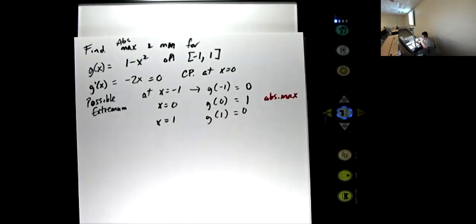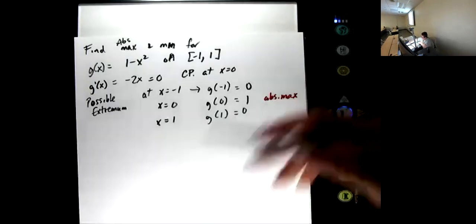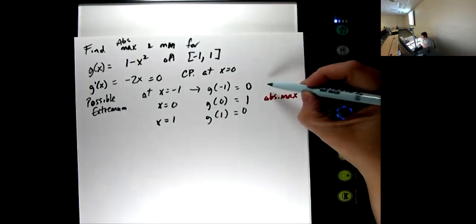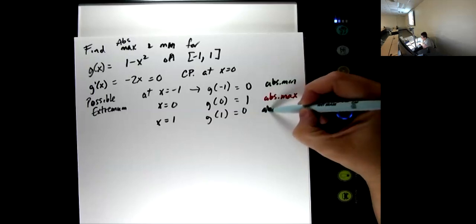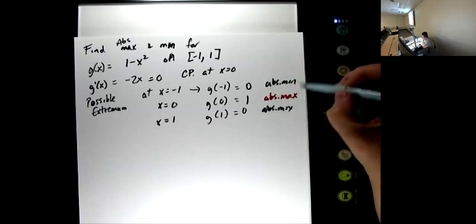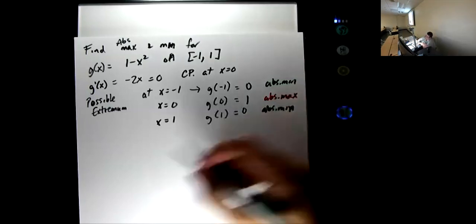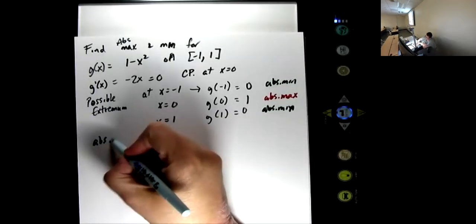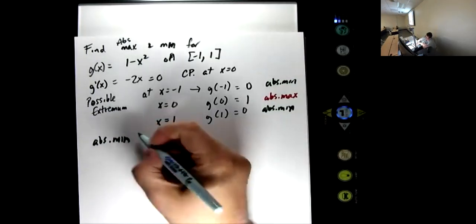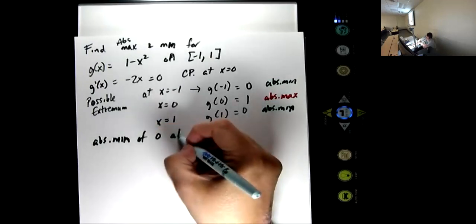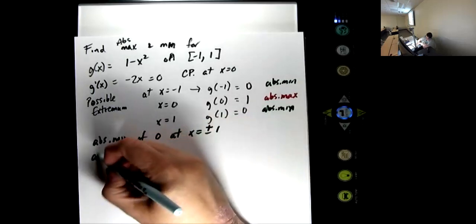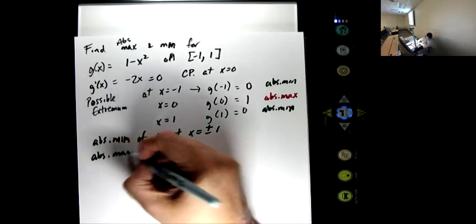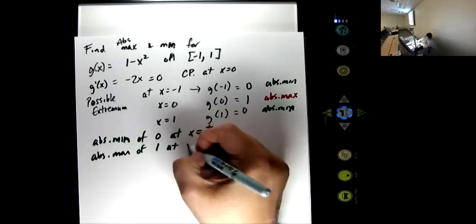And we actually have two spots where the absolute min is. Absolute min happens here and here. So absolute min of 0 at x equals plus or minus 1, and absolute max of 1 at x equals 0.